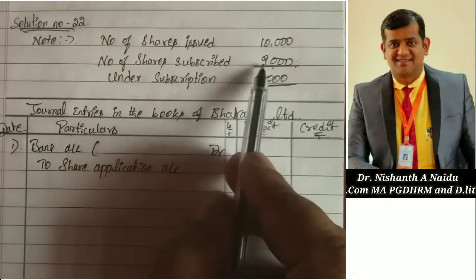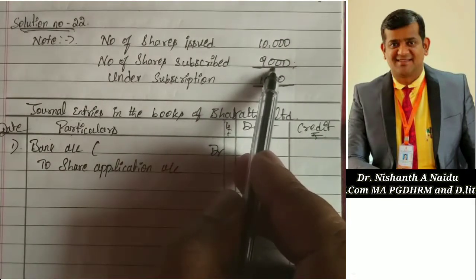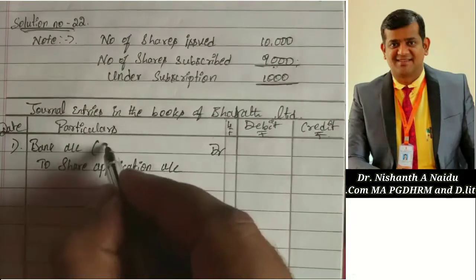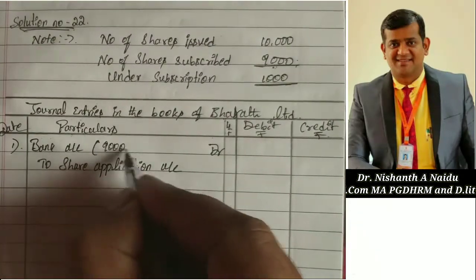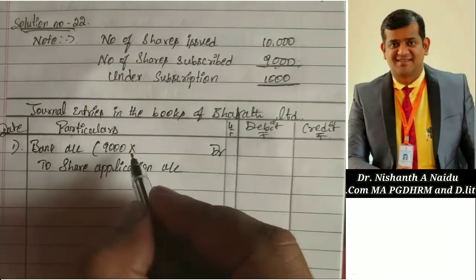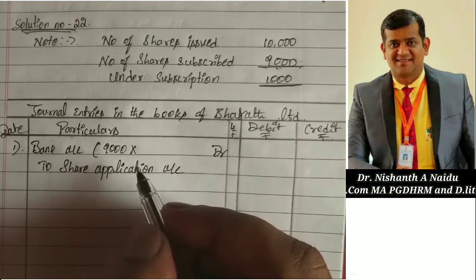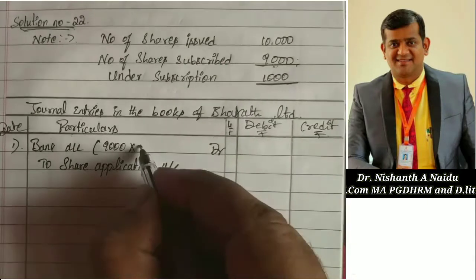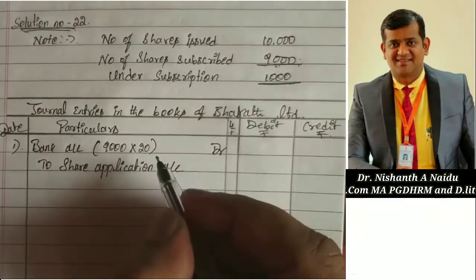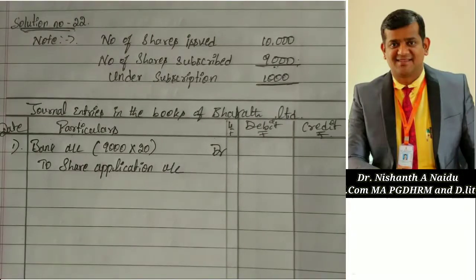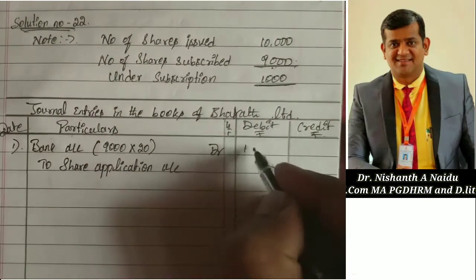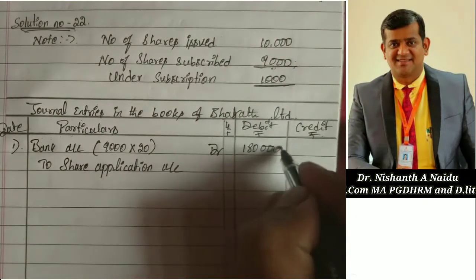You should remember we always take the subscribed shares. 9,000 into what is the application money received in the problem? Look at the problem: on application rupees 20. So 9,000 into 20 is 1,80,000.